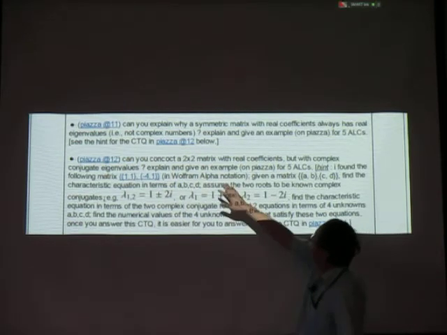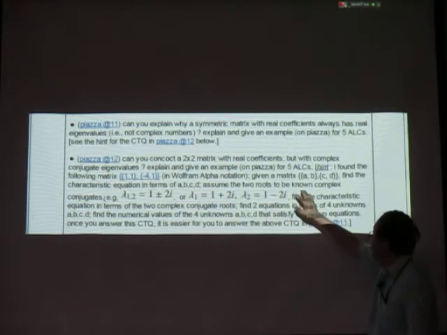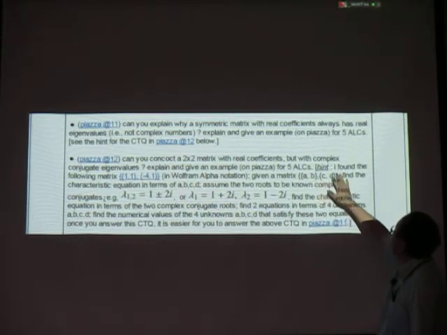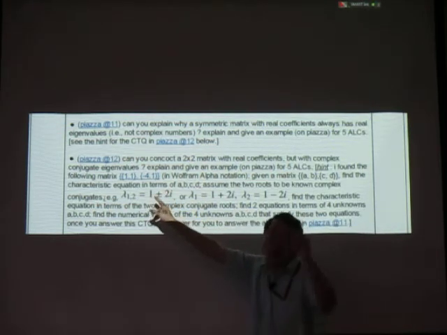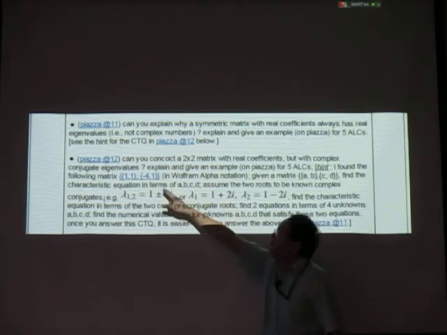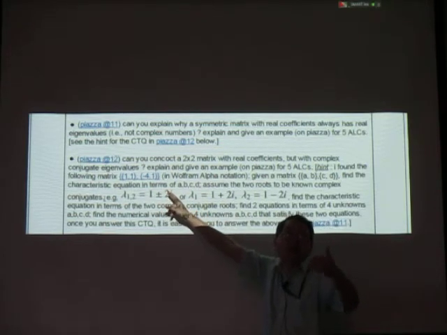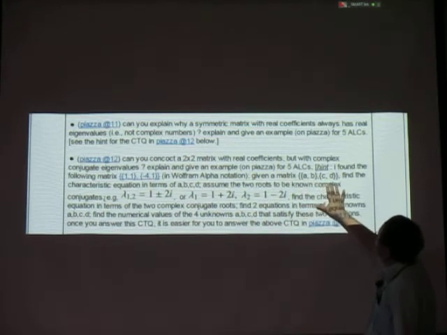As I explained, give an example on Piazza to get 5 active learning credits. Here I give a hint. I found the following matrix: 1, 1, minus 4, 1. And this is a link to Wolfram Alpha. If you click on this, you will see the result.